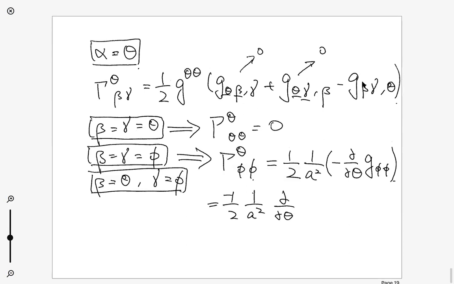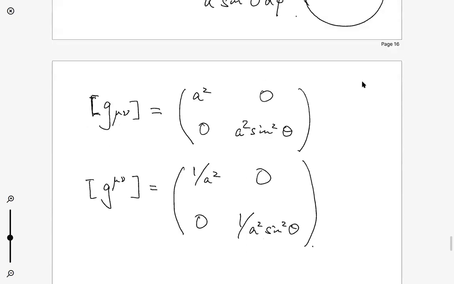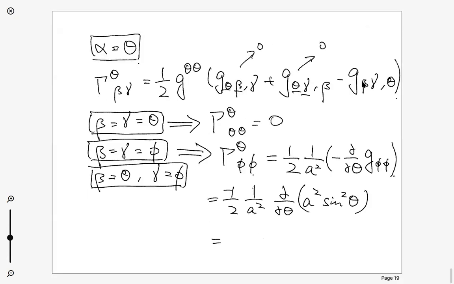G phi phi is a squared sine square theta, right? It should be something like this. Because it's just high school mathematics, I won't waste time to ask you questions.